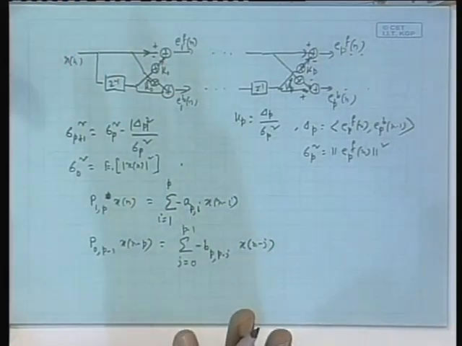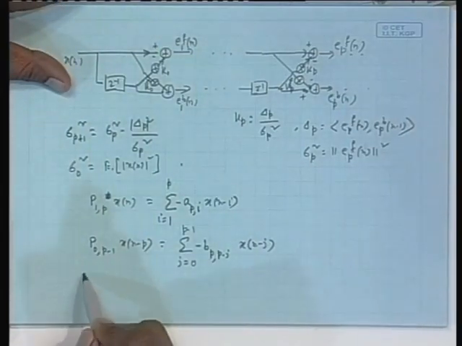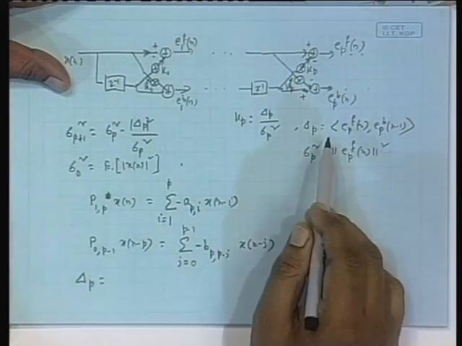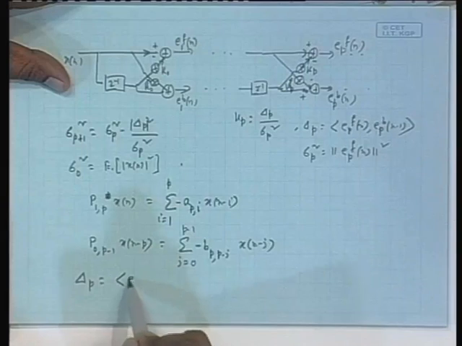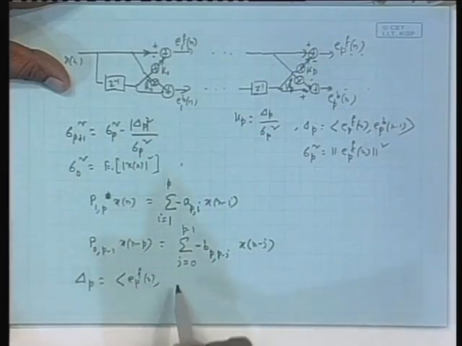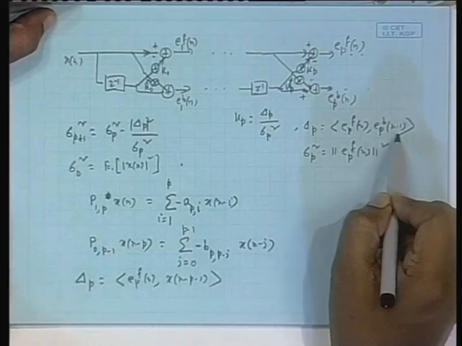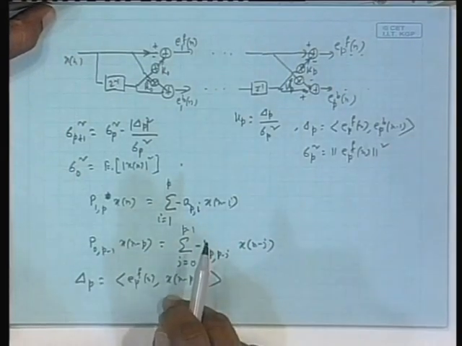Suppose these are known for the pth stage. Then obviously delta p. What is delta p? You have seen delta p already, but it can also be written differently. I have been doing this again and again. What is E p? You understand how it comes?